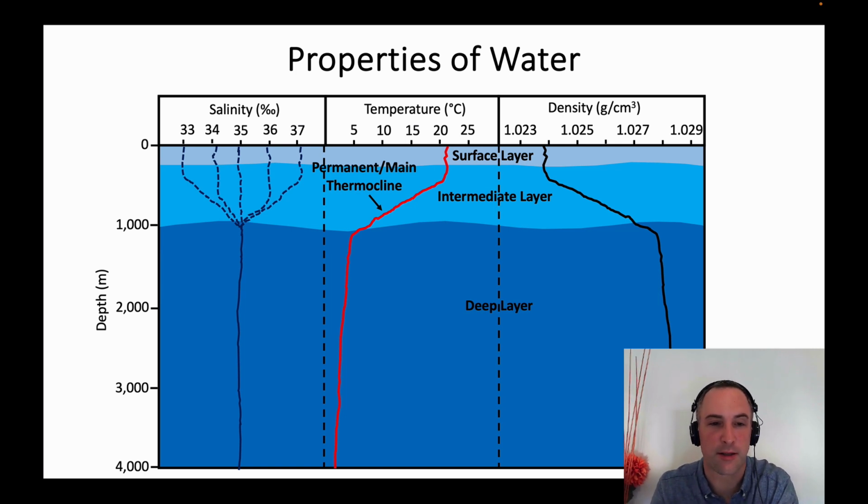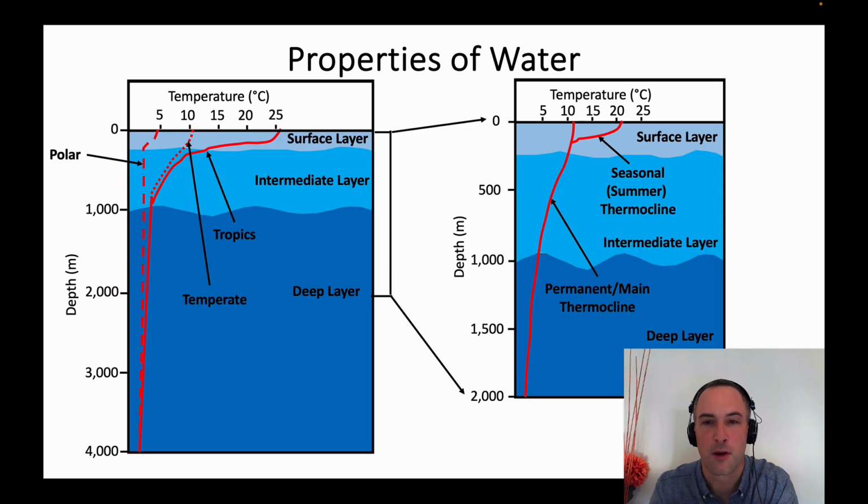So the point here is that around 1,000 meters you see a leveling off of the conditions within the ocean, and things become quite stable along salinity lines, temperature, and density. If we think about the seasonal and locational impacts of just zooming in on temperature, at the surface in the tropics you're going to see a very high temperature at the surface layer.